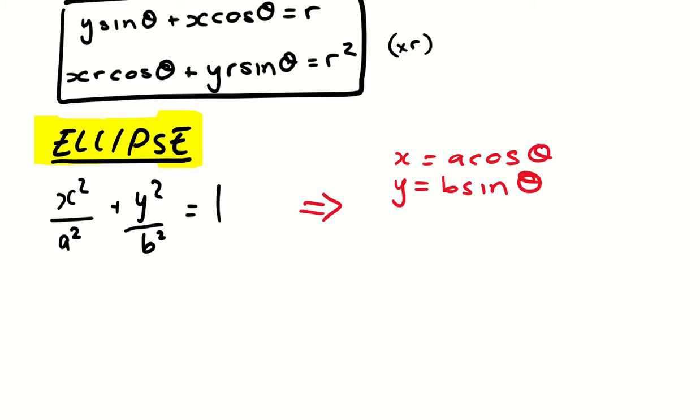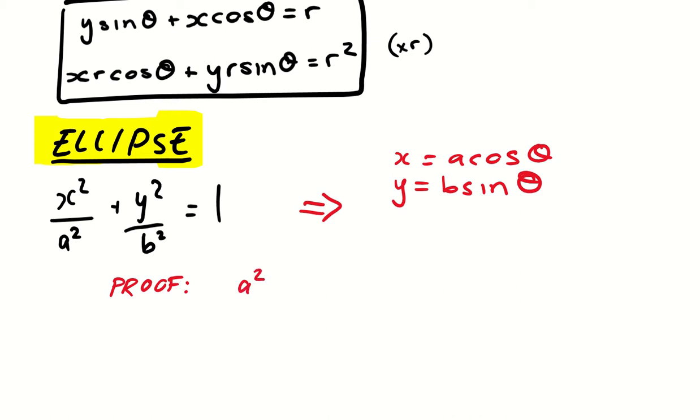Now, if a question asks you to prove that certain parametric equations satisfy an ellipse, and this comes up a lot, which is why I'm mentioning it, it's just about subbing in your x value of your parametric equation.